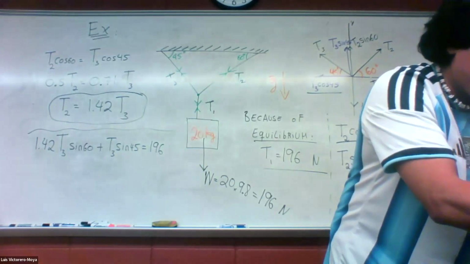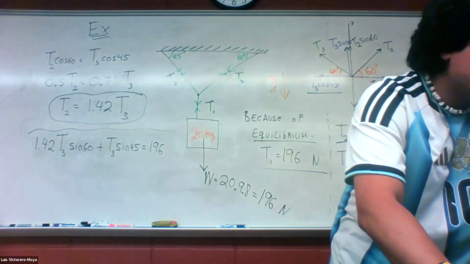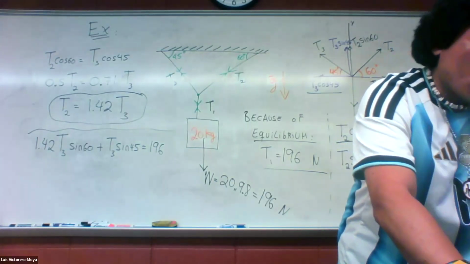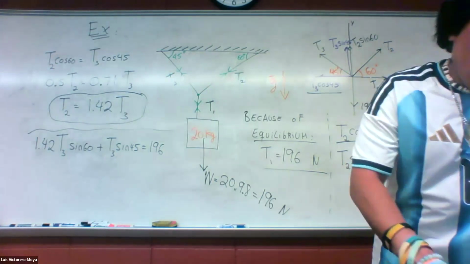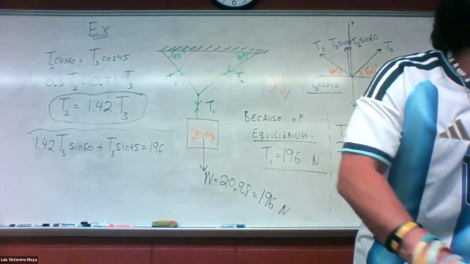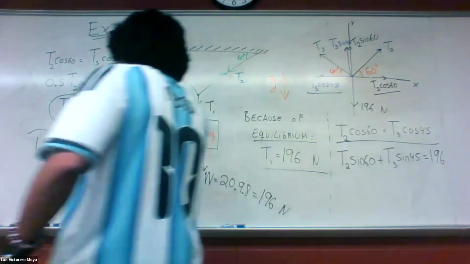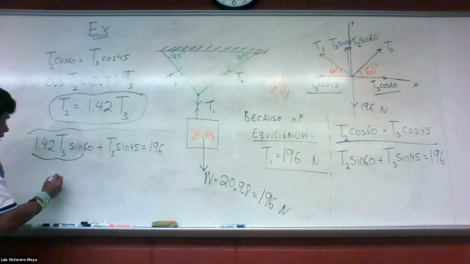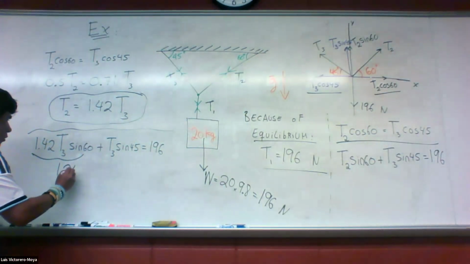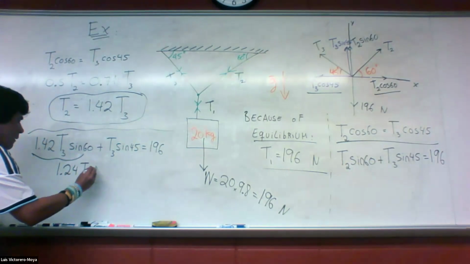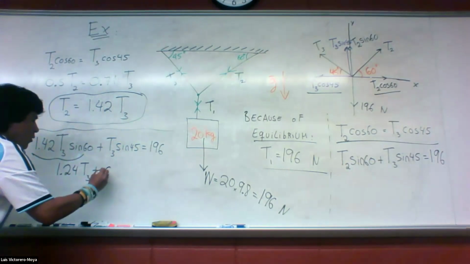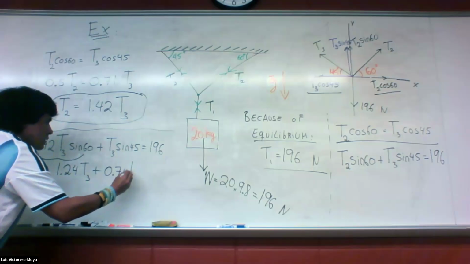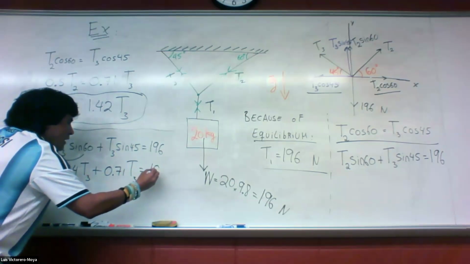So that multiplied by 1.24. All this is 1.24 T3 plus, this is the same as that, 0.71 T3 equals 196.